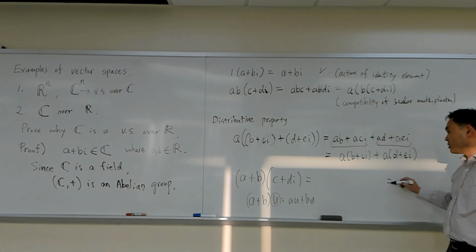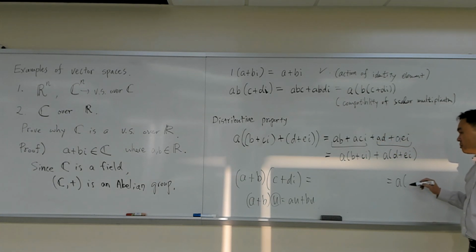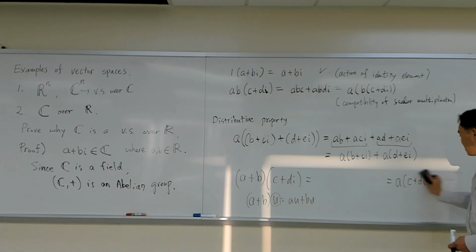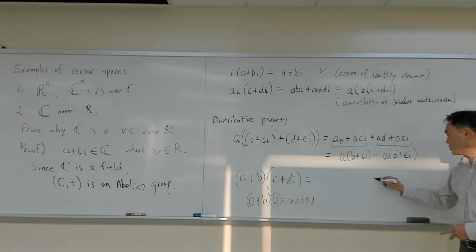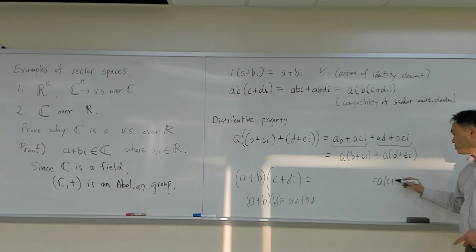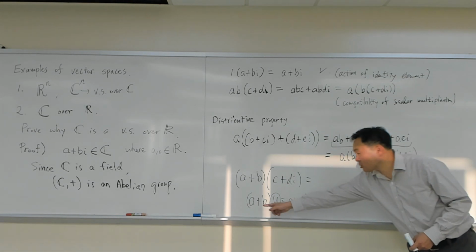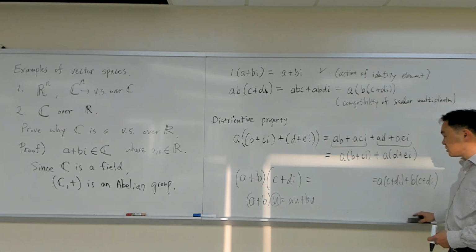We want to show that A times C plus DI plus B times C plus DI is what's needed. That would be exactly corresponding to what I want to prove here.